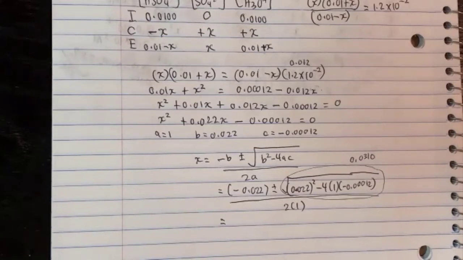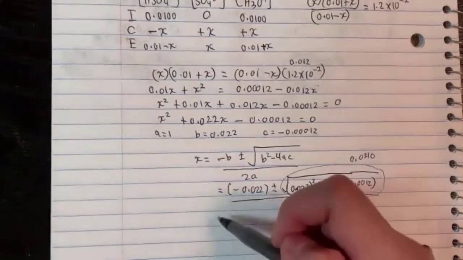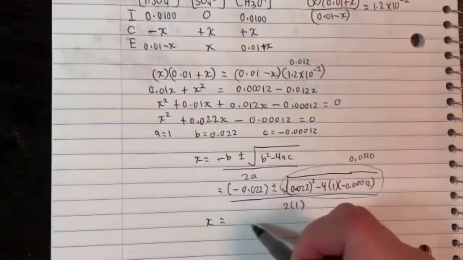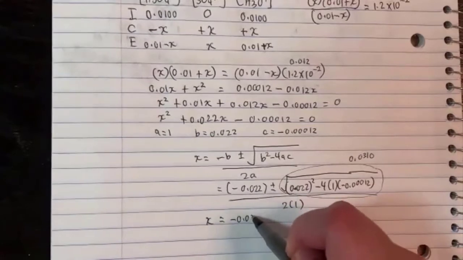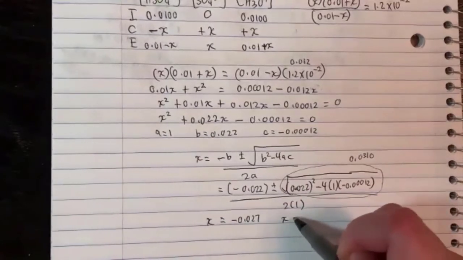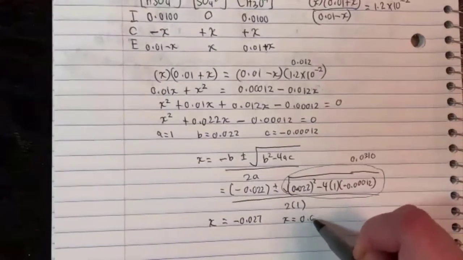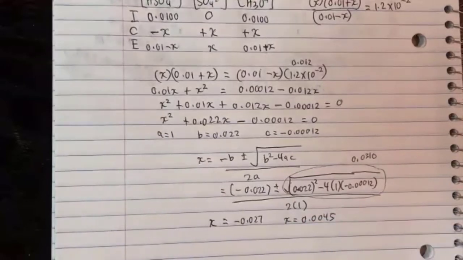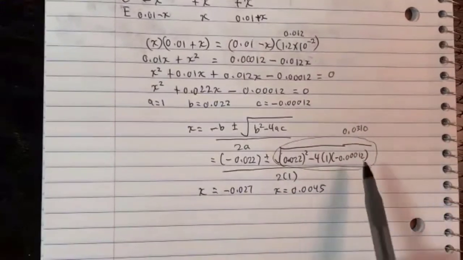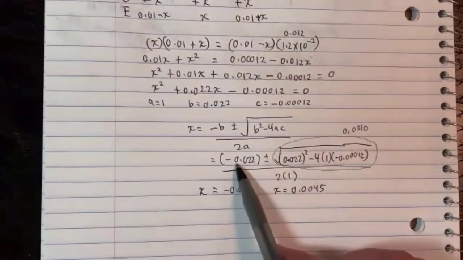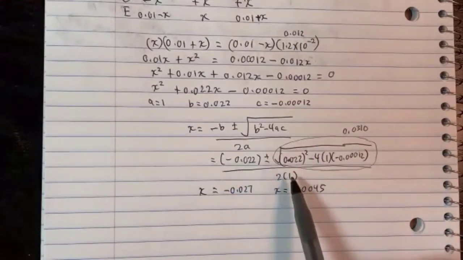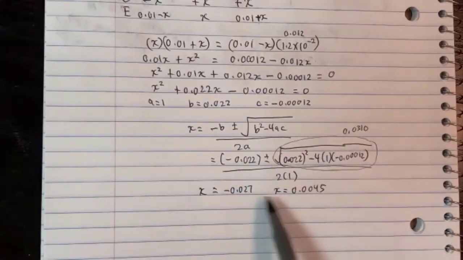All right, once you get that part, you have two options for your x, right? So the first x option is negative 0.027, and the other one, x is 0.0045. So with this term, you put this plus 1, this one minus, and then divide by 2, you get these two options.